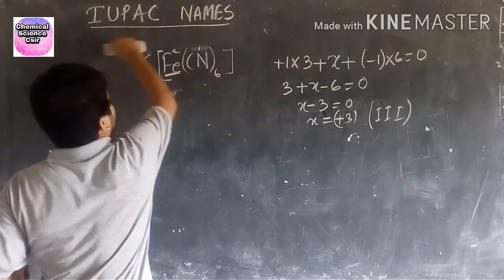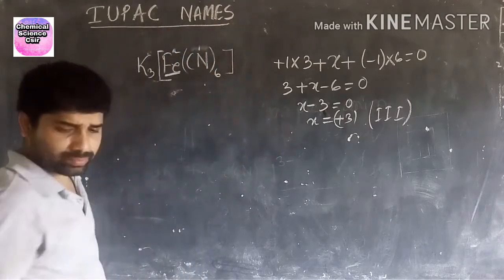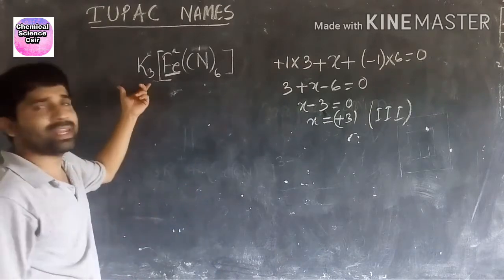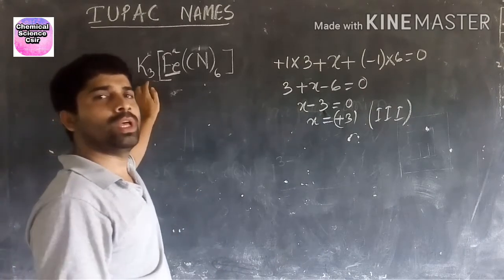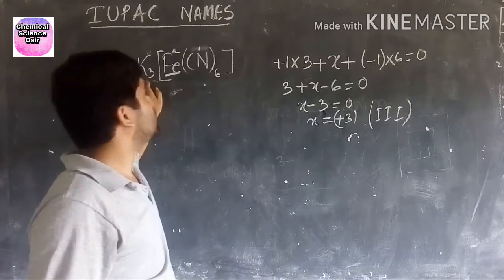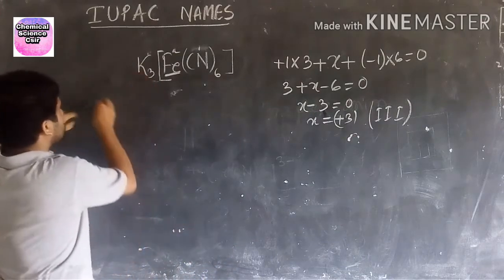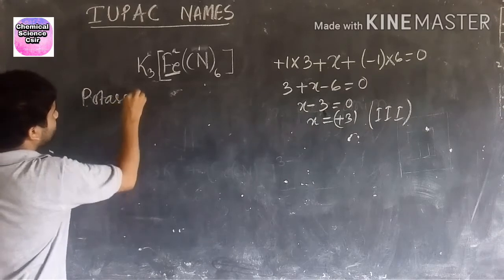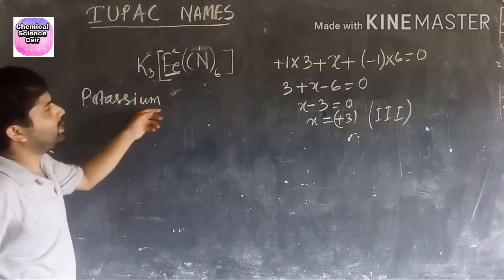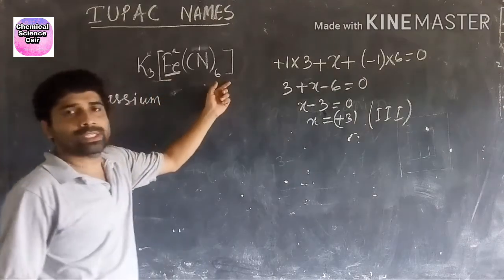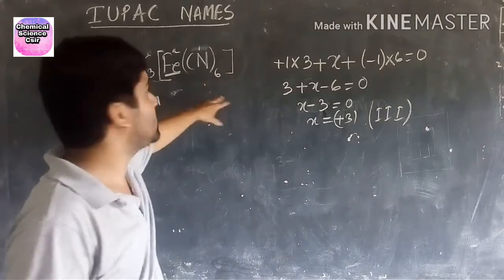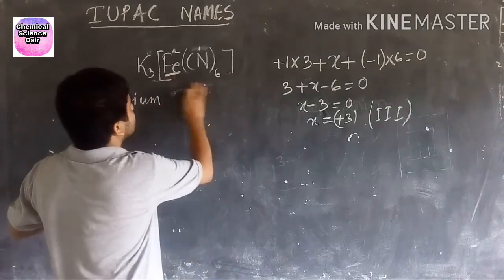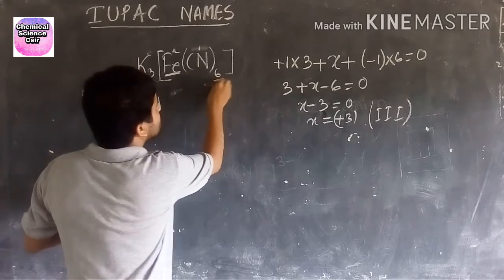Now how to write the name? First of all, write the cation name first. Rule number 1: the cation's name first. This one is potassium. After that, in this complex, see how many ligands are attached to the central atom or ion. How many here? 6.